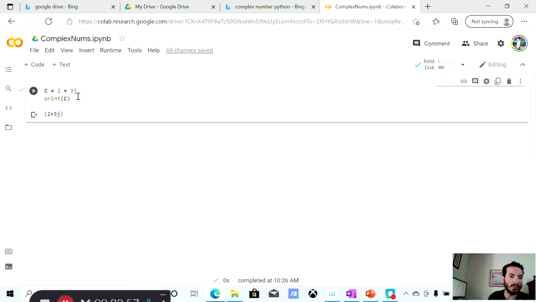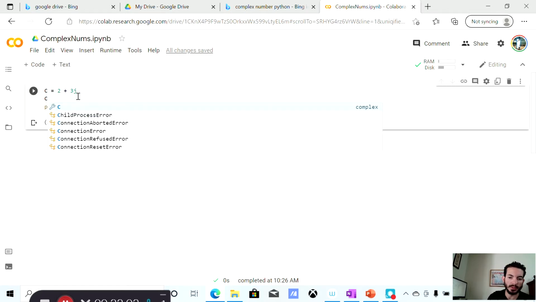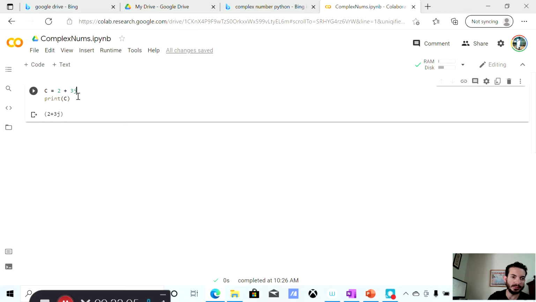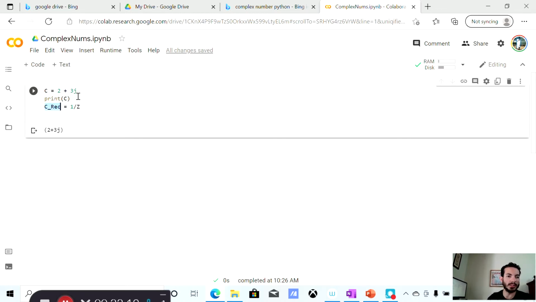Okay, good. So if you want to do C inverse, let's call this C inverse, or C reciprocal, equals 1 divided by C, and then we want to print this.